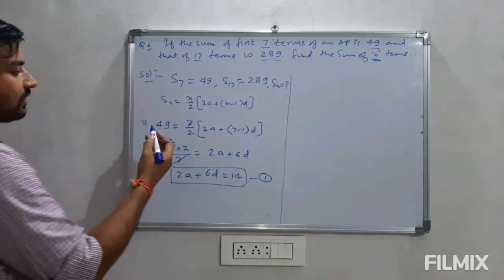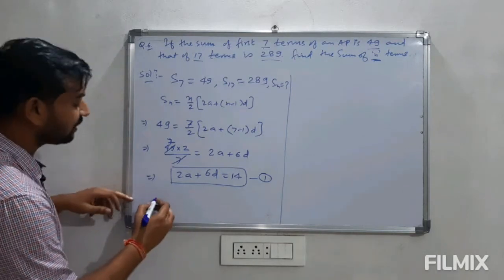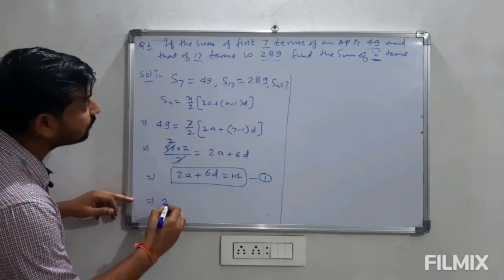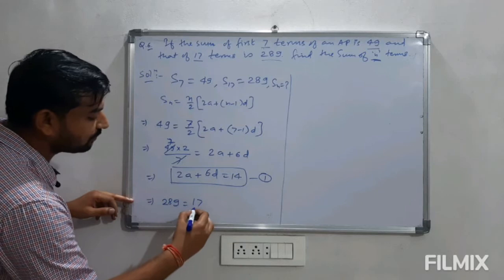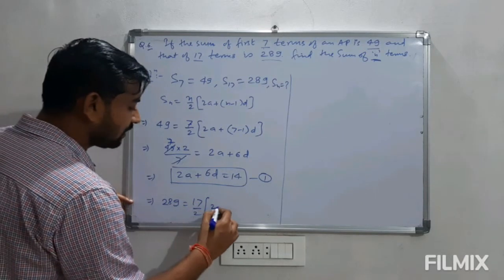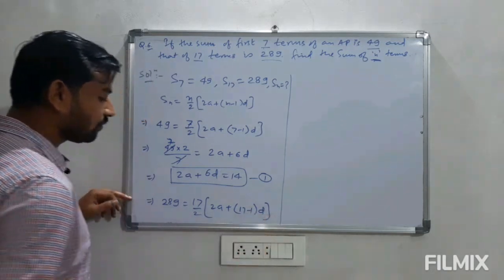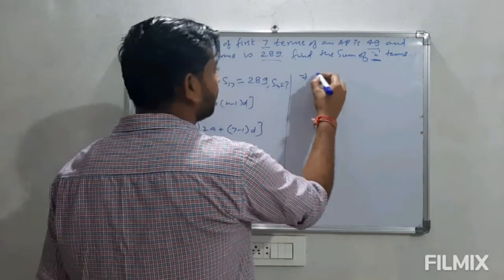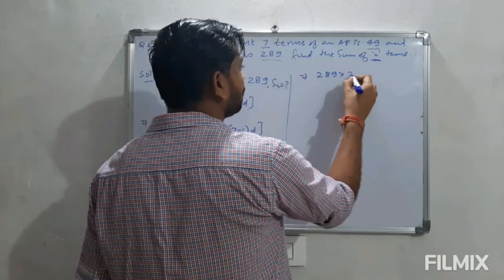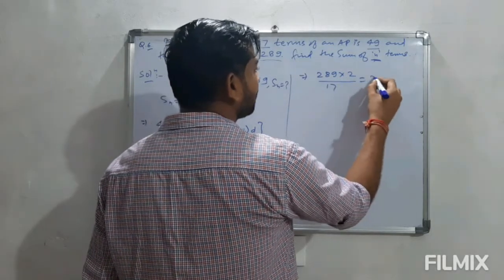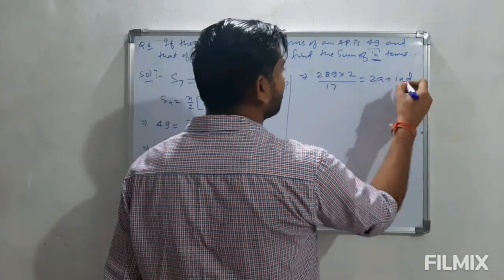Now in the second case, the sum is given as 289. This is the sum of 17 terms. So clearly 2a plus 17 minus 1 into d. This is what we are getting here. So here we can write 289 into 2 upon 17 is equal to 2a plus 16d.